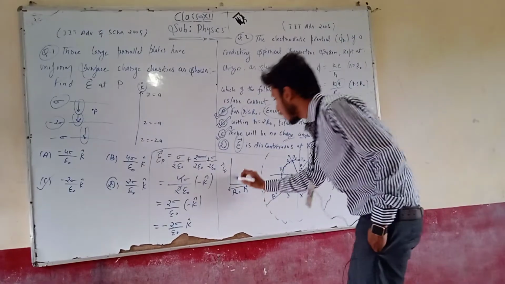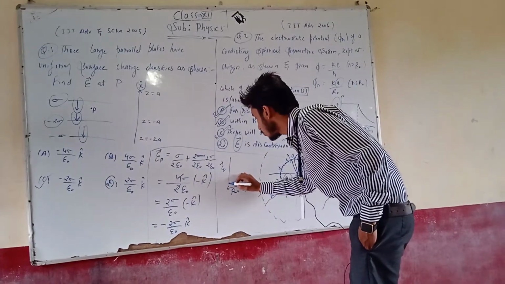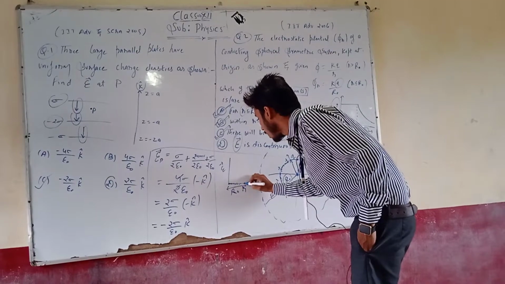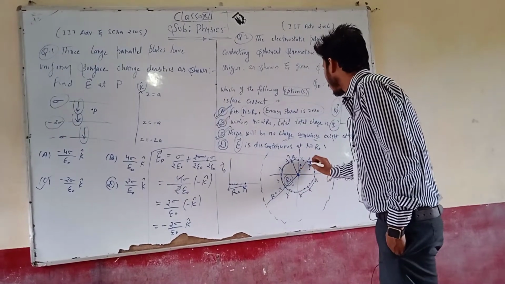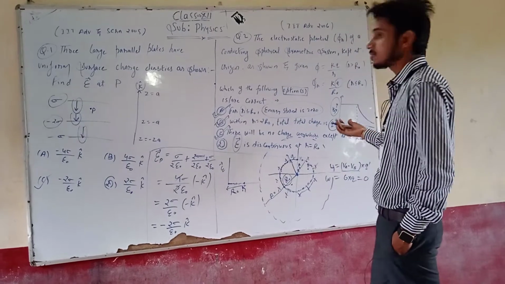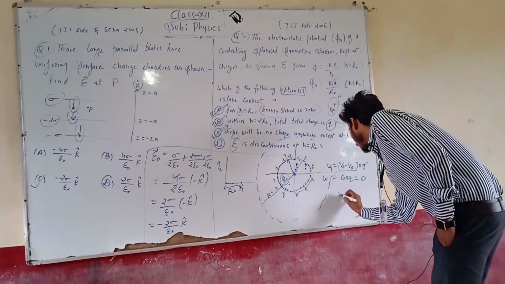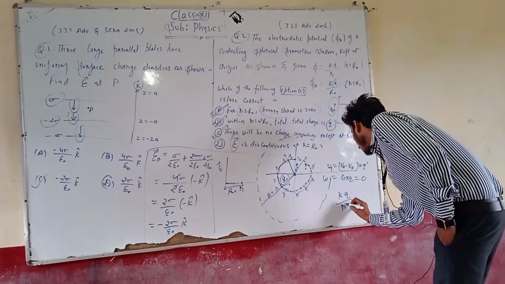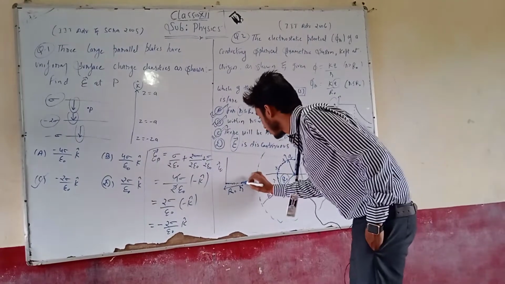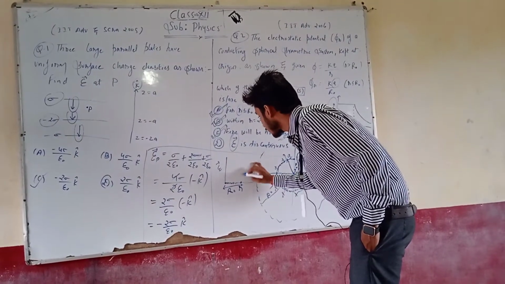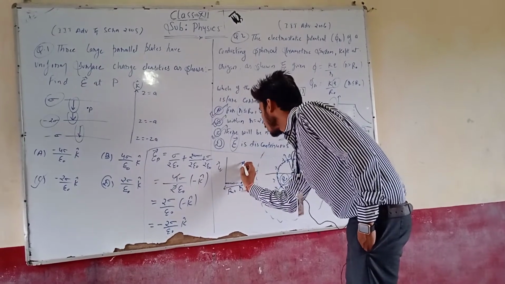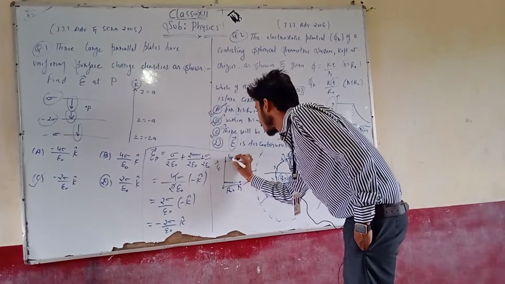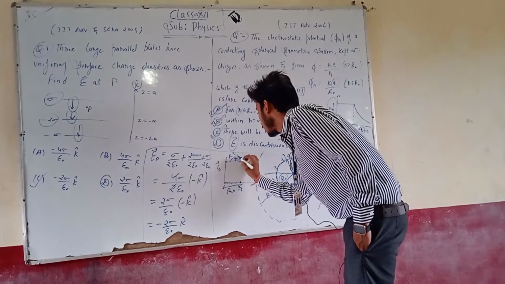So the graph will be 0 up to r naught. Now as it reaches r naught, the electric field comes out to be k q by r square. So from here it will be like this. It will start right there, because this is the magnitude which is k q divided by r square.